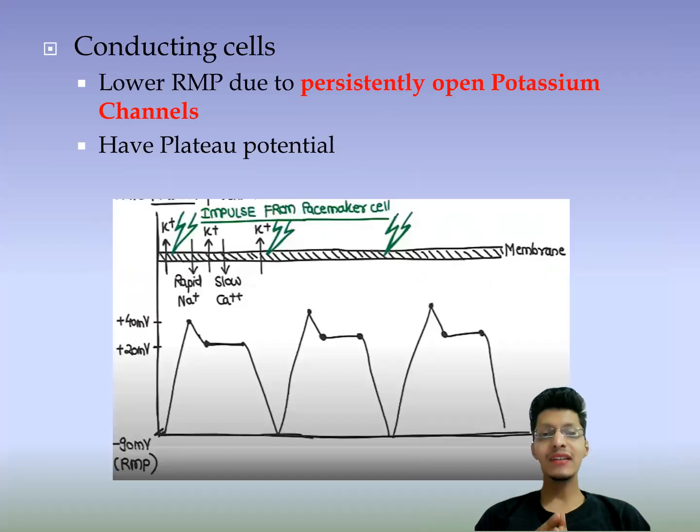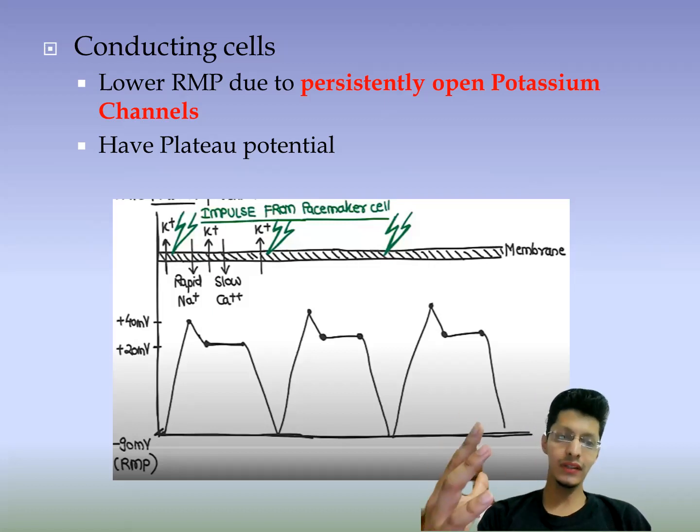The next cells we have are the conducting cells. They have persistently open sodium channels, and as you can see from the diagram, there is a persistent opening of a potassium channel. But along with that, there is also the opening of rapid sodium channels, which leads to the rapid depolarization.